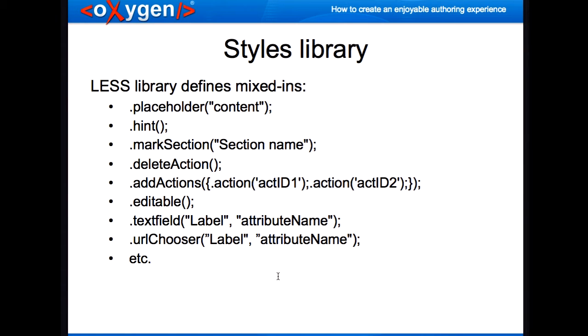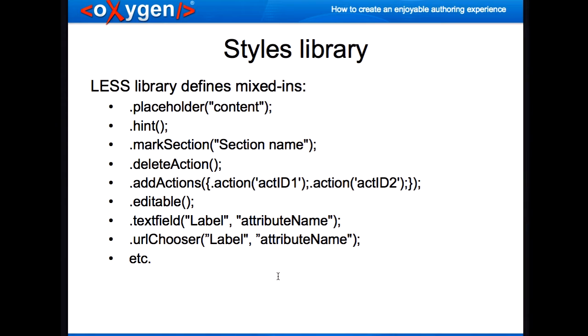The main idea with using LESS is that you can define what they call mixins, and these are like functions. So you can define a library. Imagine that in Word you have a styles library. With LESS you can also define a styles library, and then use those in a declarative way from the main LESS file.